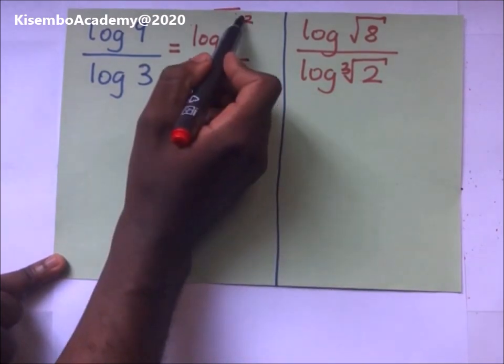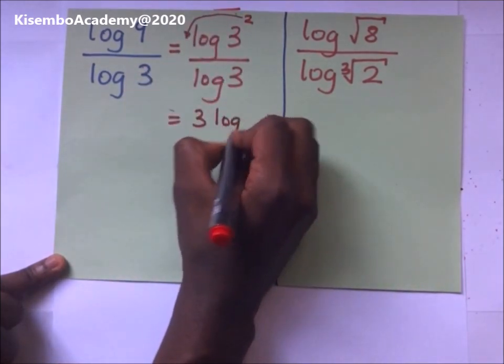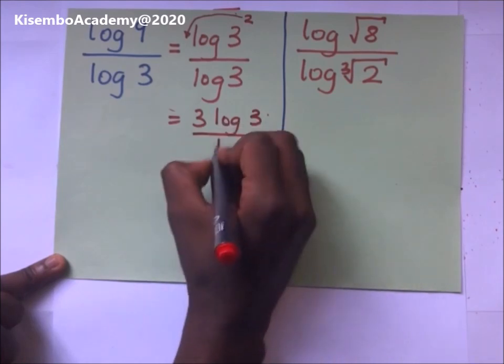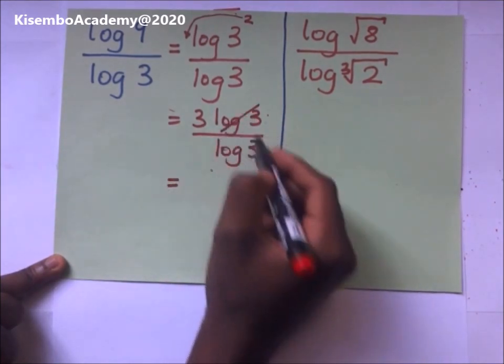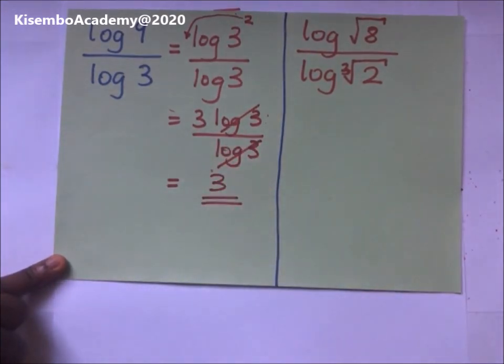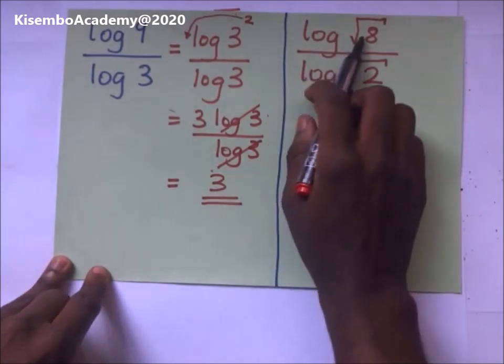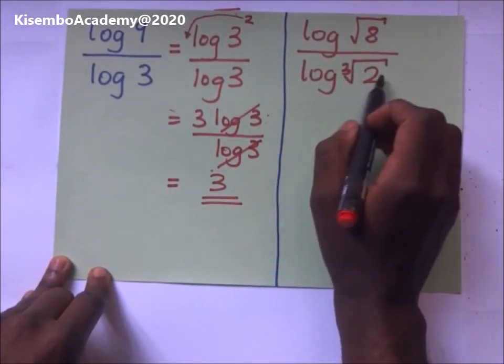When this 2 comes and shifts here, it becomes 2 times the log of 3, divided by the logarithm of 3. And that will cancel, so you remain with 2 as your answer. So right here we have logarithm of the root of 8 divided by the third root of 2.